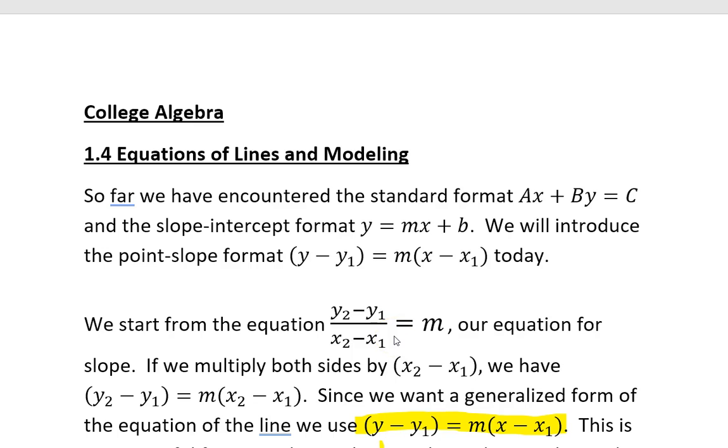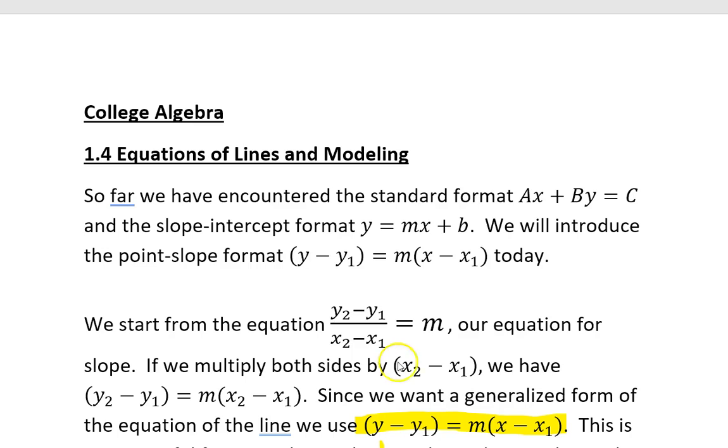So we have y2 minus y1, all of that divided by the quantity of x2 minus x1. So that's our equation for slope. We want to multiply to get rid of the fractional piece, so we're going to get rid of the x2 minus x1. And so we wind up with y2 minus y1 equals slope times the quantity of x2 minus x1.